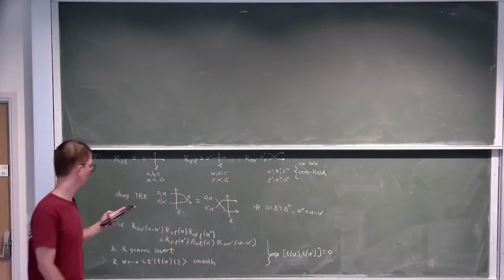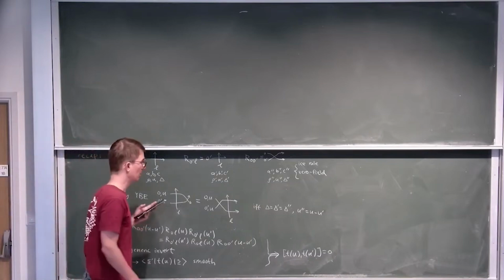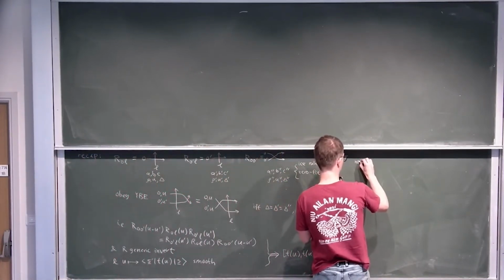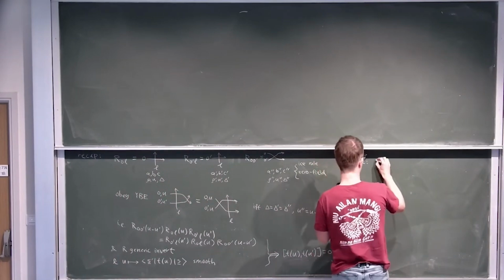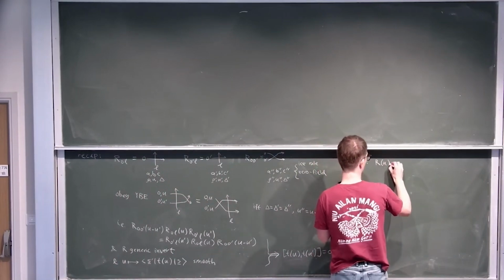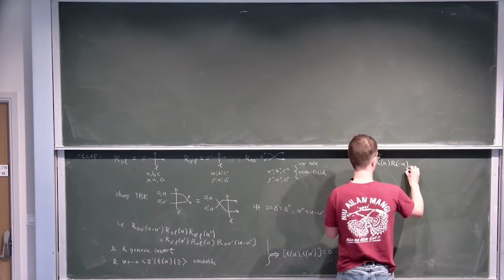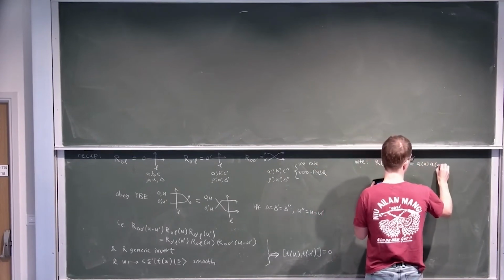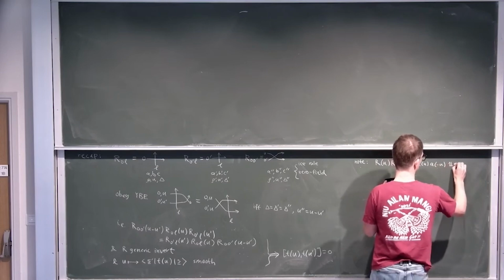And just to say a tiny little bit more about this last bit, the generic invertibility. In fact, it's easy to check that we have the following relation: R of u times R of minus u is A of u, so one of the entries, A of minus u, times the identity.